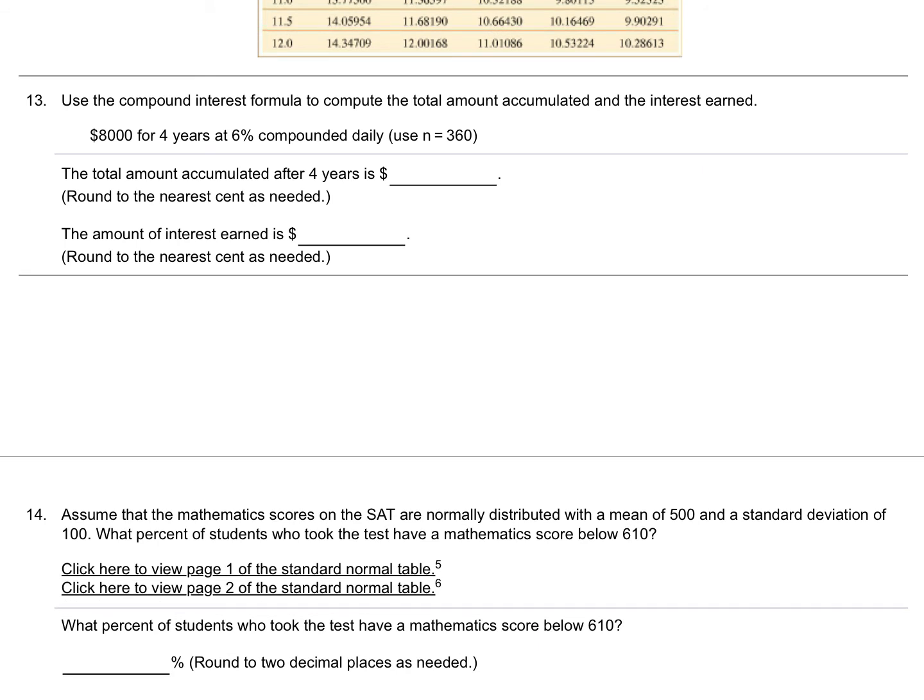Number 13, use the compound interest formula to compute the total amount accumulated and the interest earned. $8,000 for 4 years at 6% compounded daily. For this one, you can either use the compound interest formula, or you can use the compound interest calculator that I provide for you.